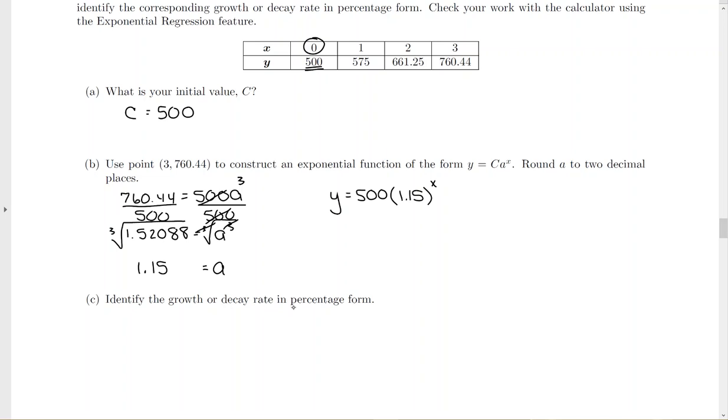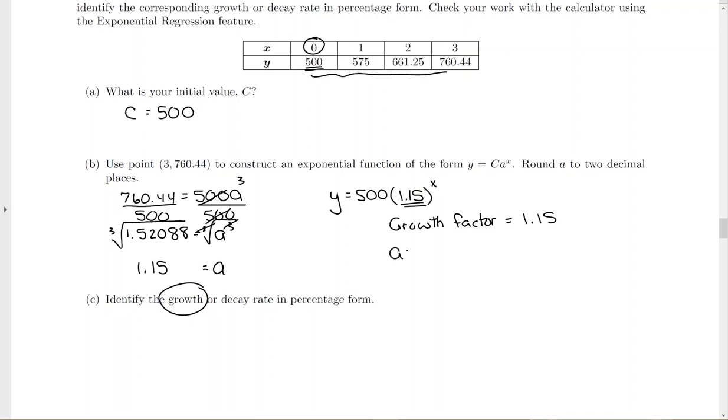Identify the growth or decay rate in percentage form. Well, the number here is bigger than 1. Take a look at your y values, what's going on here. As x gets bigger and bigger, so do your y values. So you would expect this to be a growth. All right, this is your growth factor. Remember, what you're multiplying by is the factor, not the rate. Growth factor of 1.15.